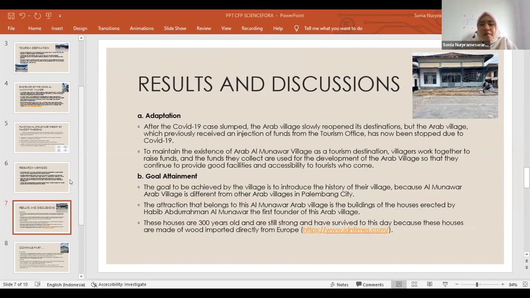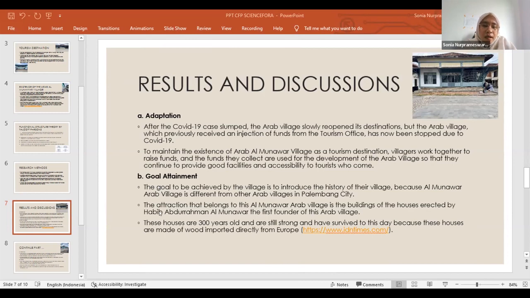But the Arab village, which previously received an injection of funds from the tourism office, has now had that stopped due to COVID-19. So to maintain the existence of Al-Munawar Arab as a tourism destination village, they work together to raise funds, and the funds they collect are used for the development of the Arab village so that they continue to provide good facilities and accessibility to tourists who come.